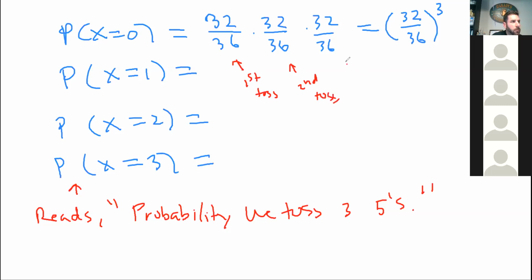Second toss. Third toss. So remember, I take all three of them and multiply them together. So it's 32 over 36.